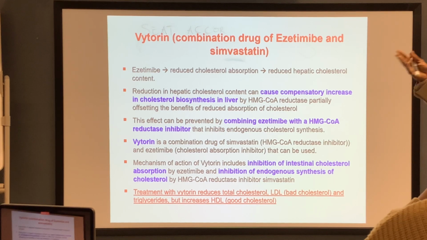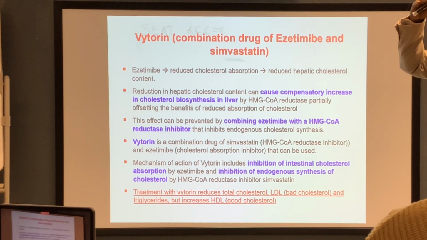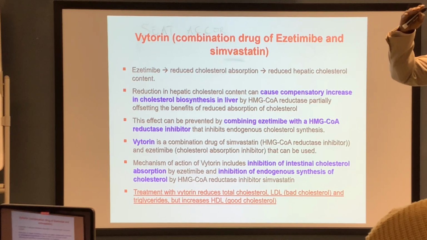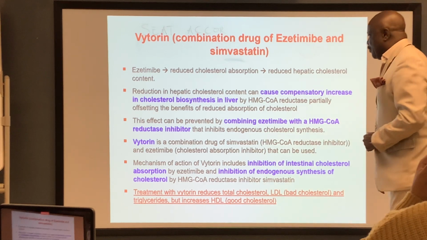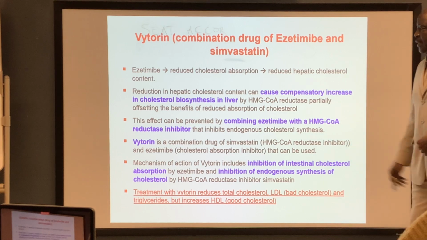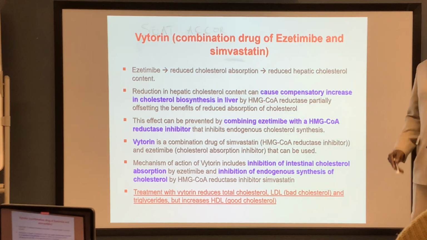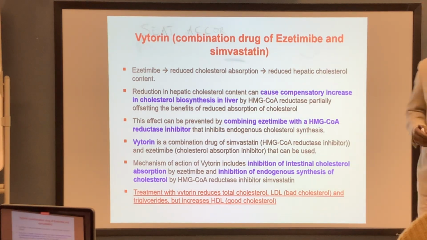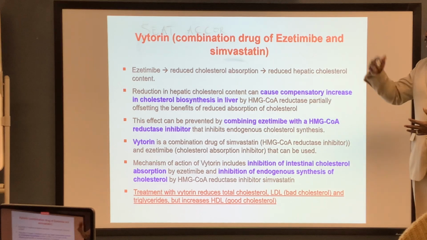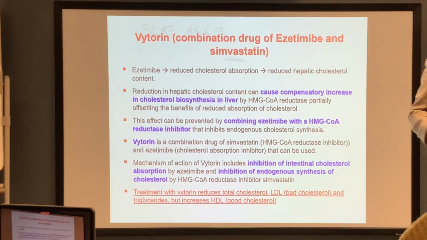It's so funny that in hypercholesterolemia, when you are trying to reduce the level of one, a feedback mechanism goes to increase the amount of another one. So this is a good example that when you just reduce cholesterol absorption, because the body knows it needs the cholesterol, there's a compensatory mechanism that starts stimulating cholesterol biosynthesis.